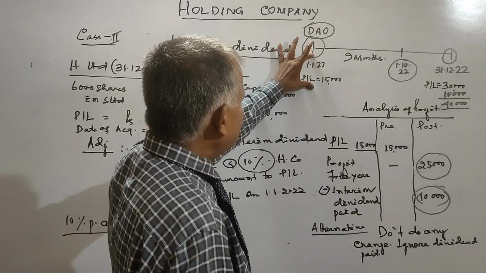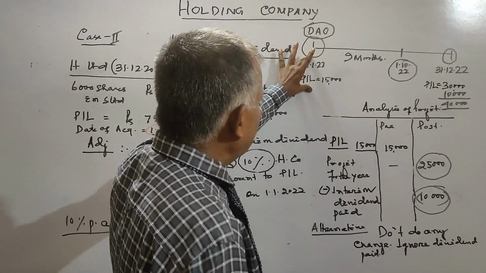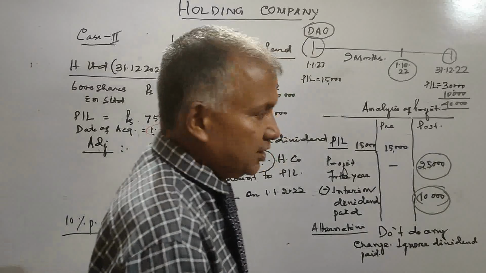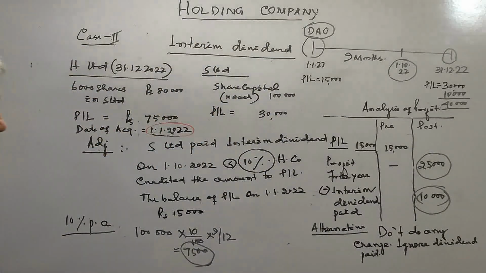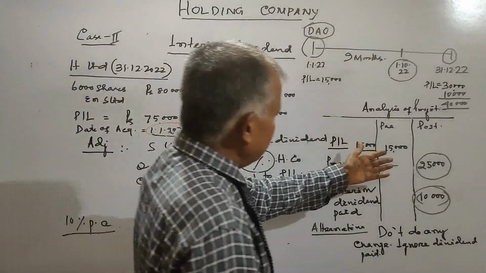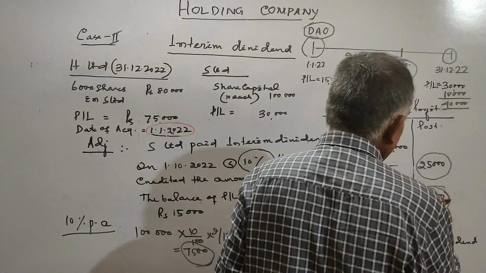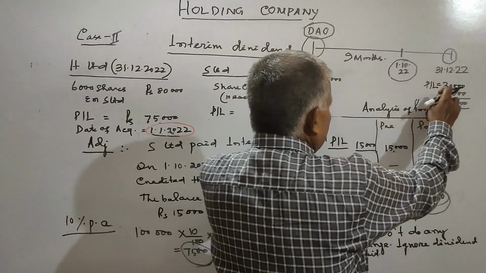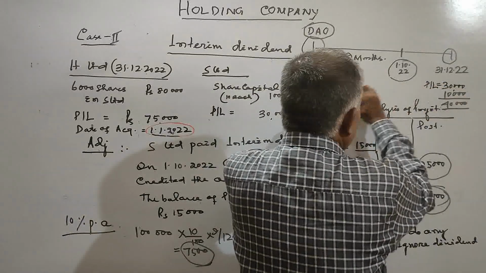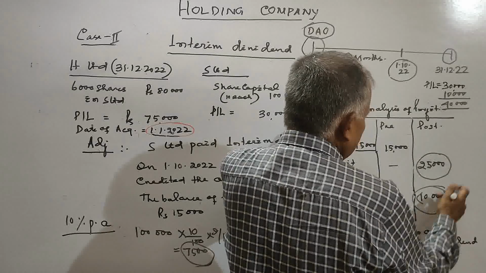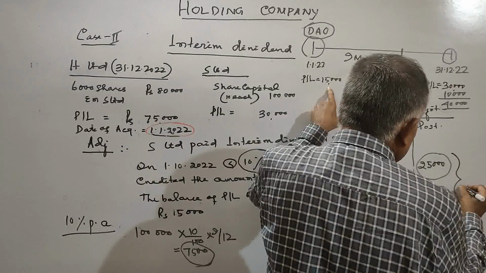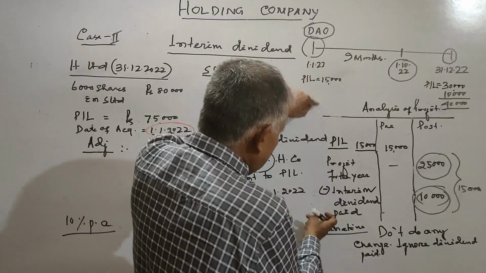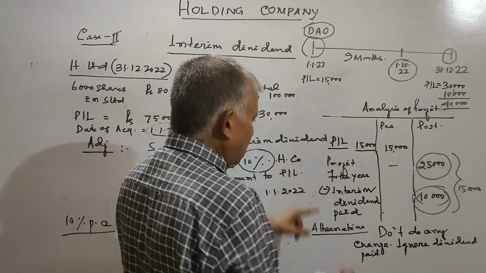Because the date of acquisition is at the beginning of the year, so total 12 months is the post acquisition period, right? So here it is 15,000, 25 minus 10 also 15,000. So 15 again 15, 15 to 30 again 15. Here also the net effect is your 15,000. So in this way you can do.